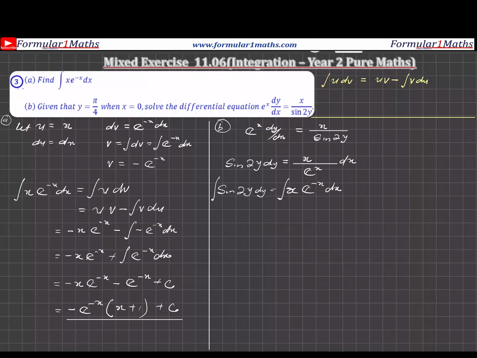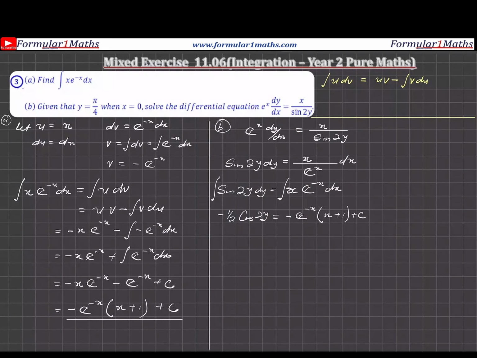Then if I do that, I'm going to get minus half cos 2y. And notice that this integration is the same as the one we did in part A. So we're going to use that integration that we did, and that we know is equal to minus e to the power minus x bracket x plus 1, plus integration constant.